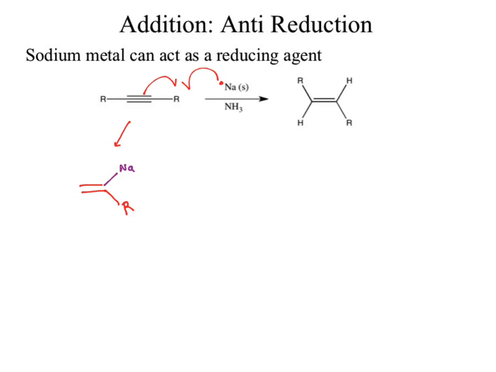An addition. I would have a termolecular mechanism because I have 2 sodium atoms and an alkyne. That's 3 different molecules all reacting at the same time. How successful are threesomes? Not. Okay, so bad idea. Don't bring sodium in.